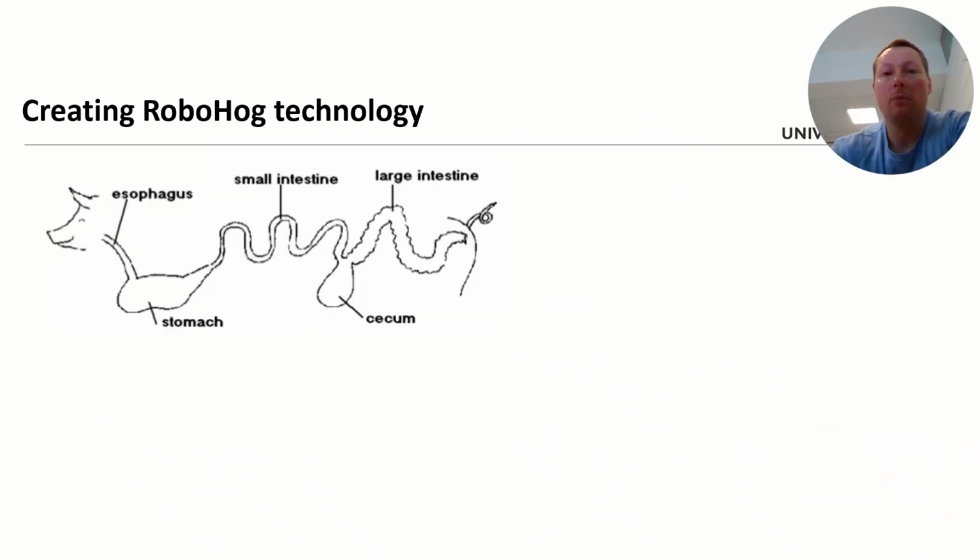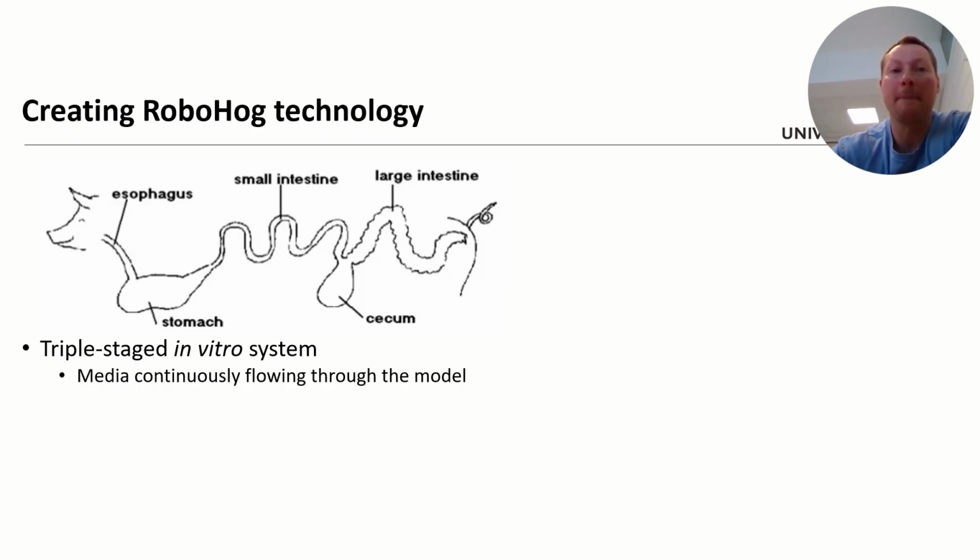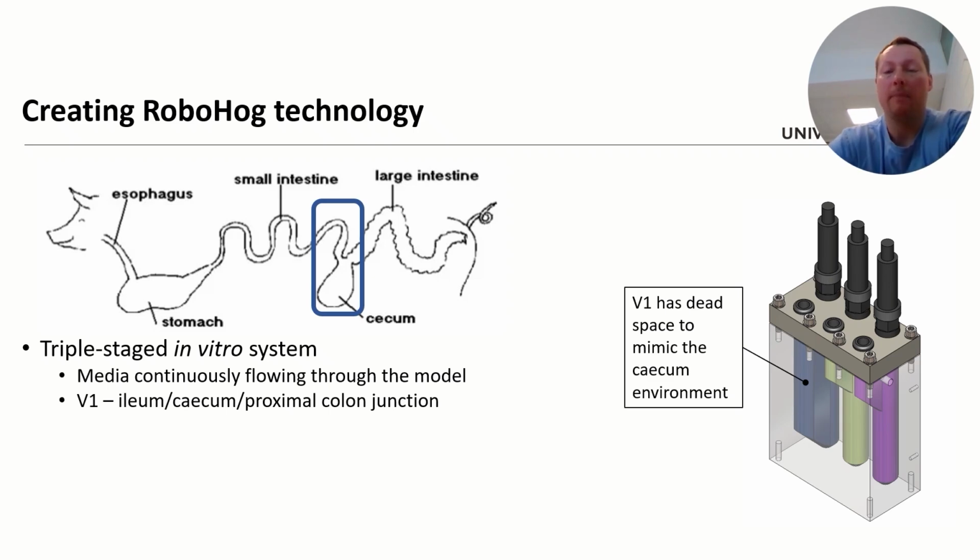Now, when we were creating this RoboHog technology, we decided on a triple-staged system, and this is a continuous model still, because we wanted to reflect the continuous ileal chyme that's coming through the small intestine into the cecum and the hindgut. And we wanted to look at the different compartments here.